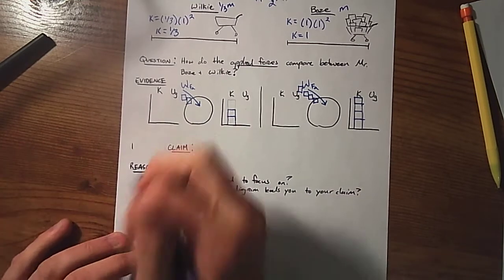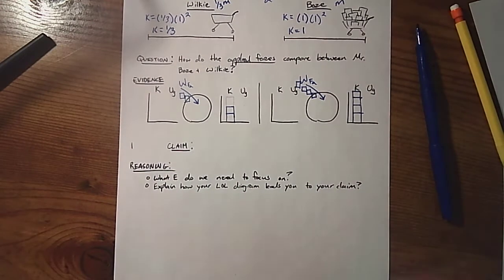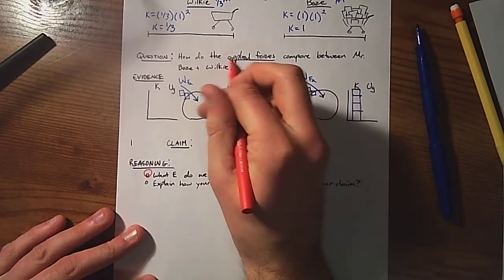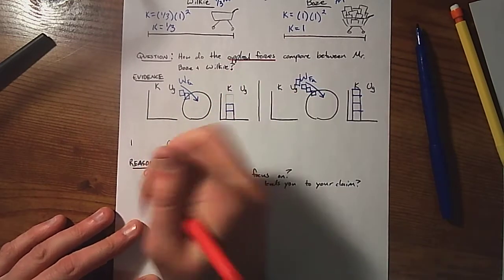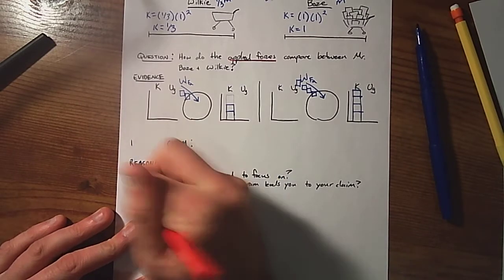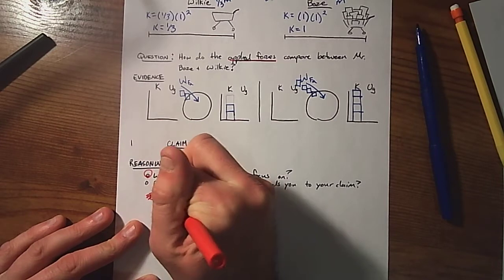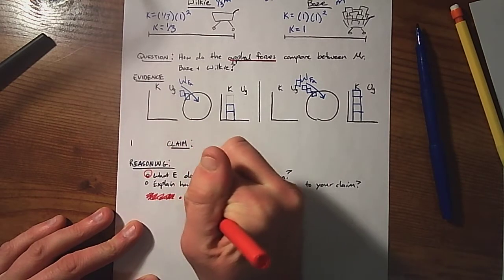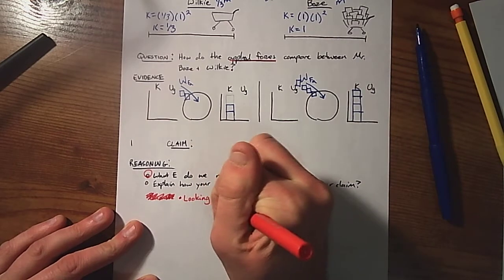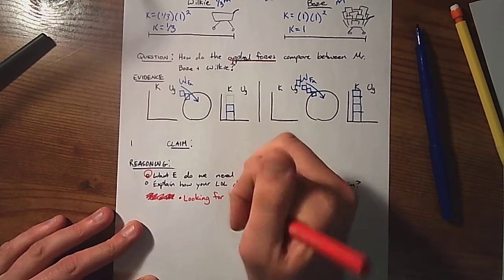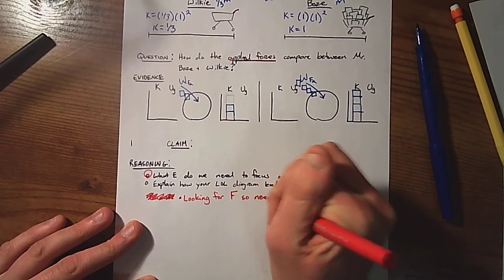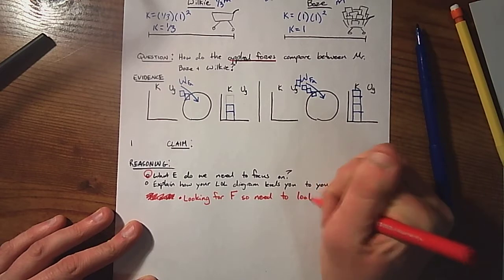That's kind of my simplified way of saying that first bullet point. So what I'm going to say, and maybe I will do a little color coding, make this red, and if I'm trying to answer force, because, I'm going to try to write this as simple as possible. Looking for force, so need to look at work.